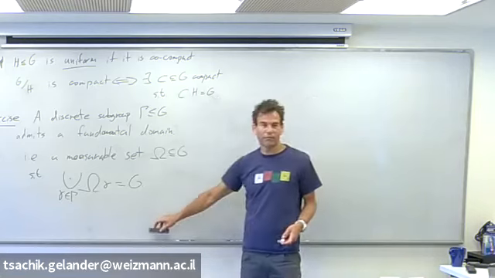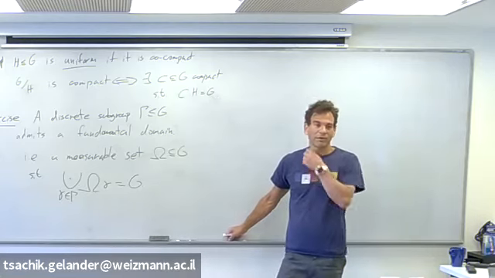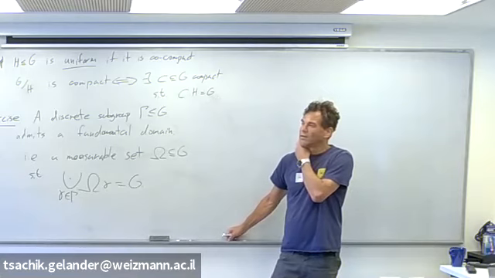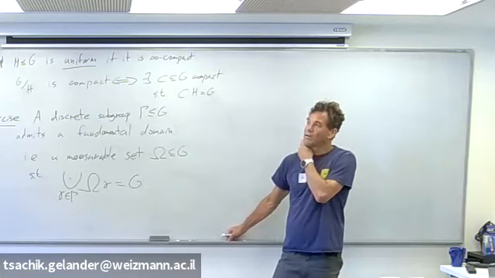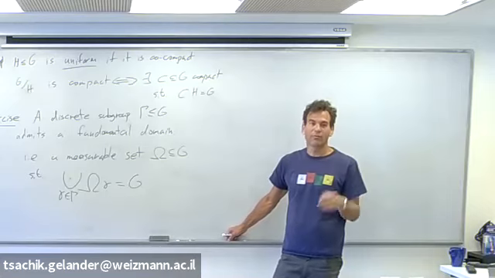Soon I will give a list of examples, but we also will consider groups which are totally disconnected. But if G is connected, you can always take the fundamental domain connected.